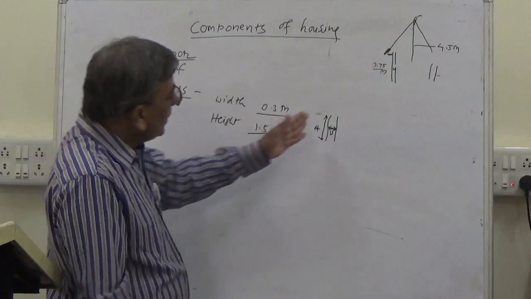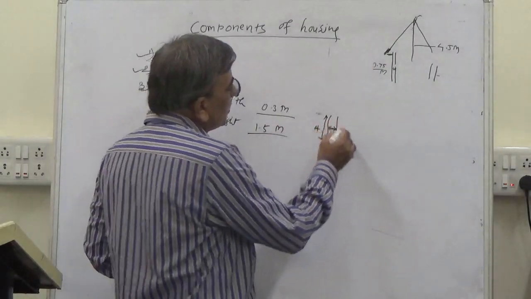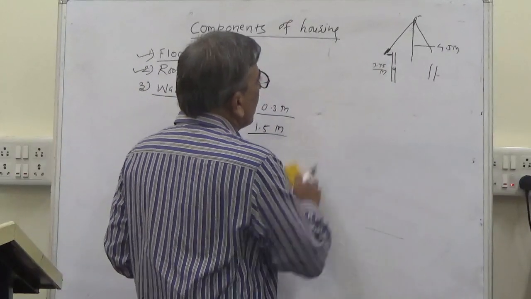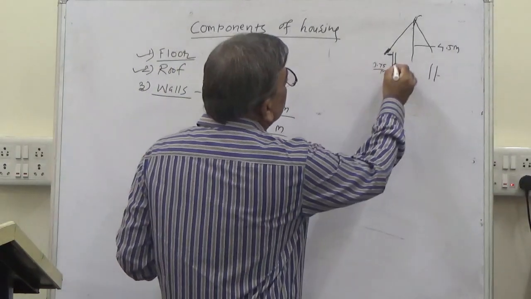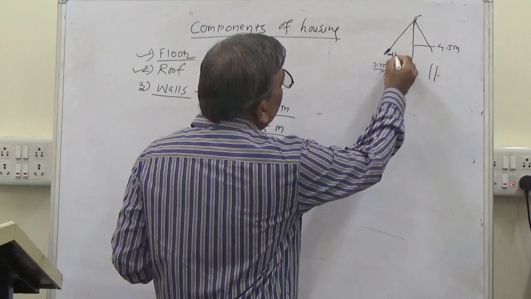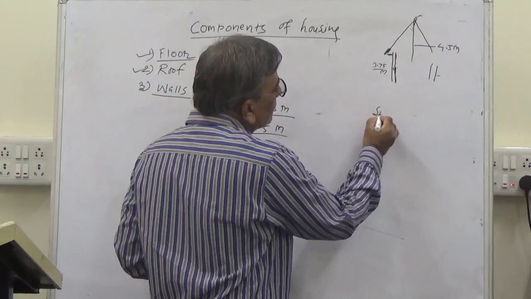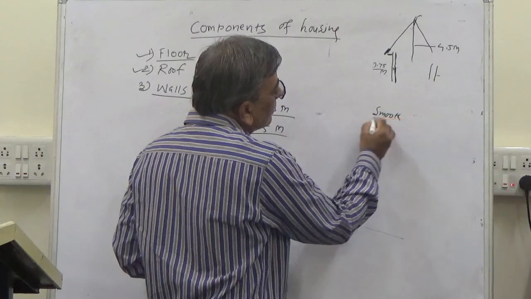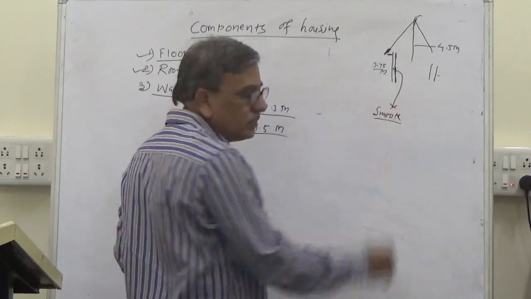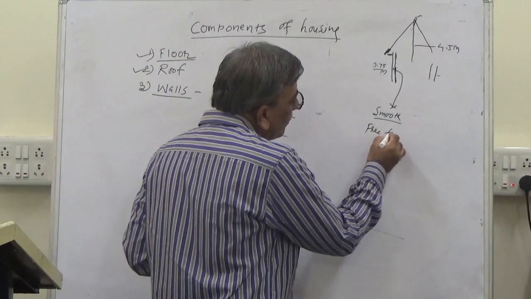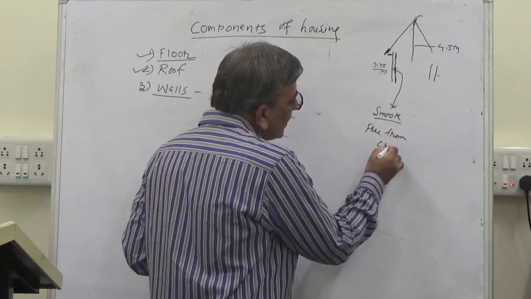Then the inner side of the wall, suppose this is the house, so this is the wall, this is the inner side of the wall, it should be smooth. It should be free from cracks and crevices.